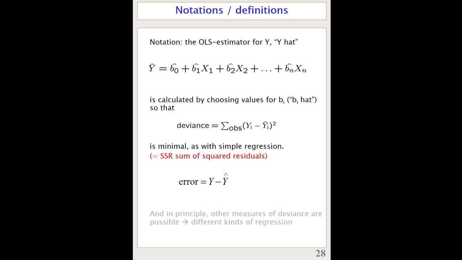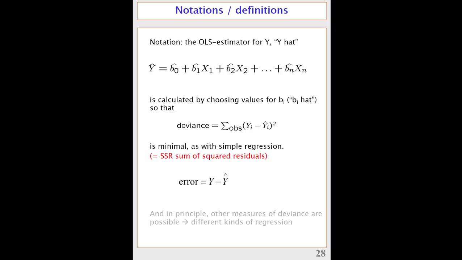And these hats are typically for prediction purposes. Again, we have a measure of deviance that's nothing different from the simple regression case. We look at the actual y minus the predicted y. We square that difference, and we sum it, and that is being minimized behind the scenes. So we have again these sum of squared residuals as we had before in standard regression.